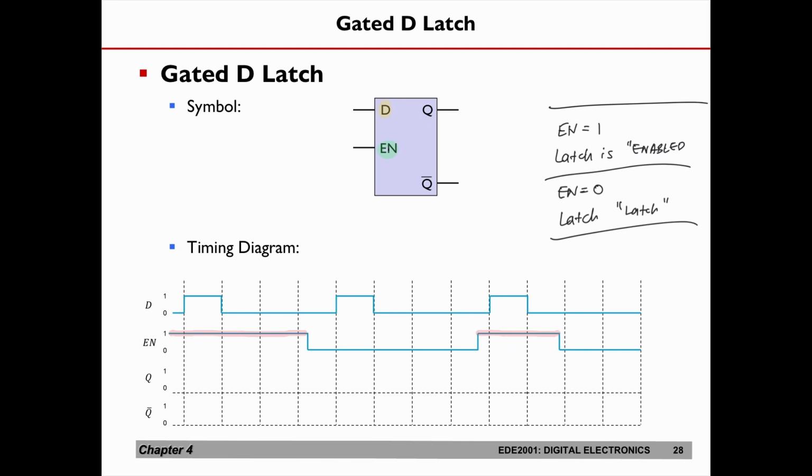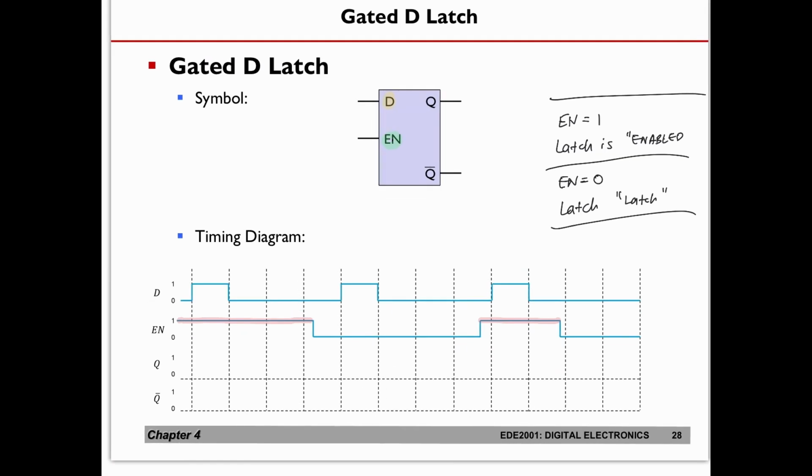So let's take a look at the example over here. Say that my Q was initially at 0 and Q bar was at 1. In this part here, because enable equals 1, when D goes high, when D goes to a 1, you are entering what we call a set mode. So your Q goes up to a 1.